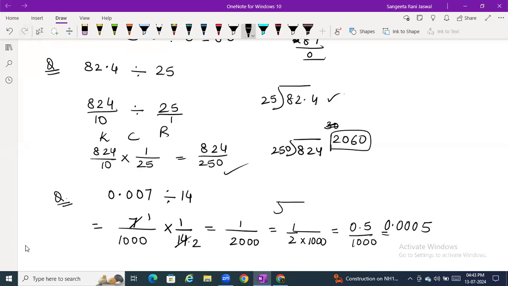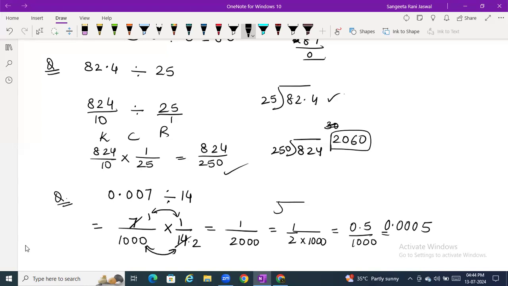See, this is 7 ones are 7 and 7 twos are 14. You are just simplifying it. Simplifying means making it into small numbers. So now when you multiply numerator with numerator, denominator with denominator, you get 1 by 2000. You understood this much? Yes, ma'am.